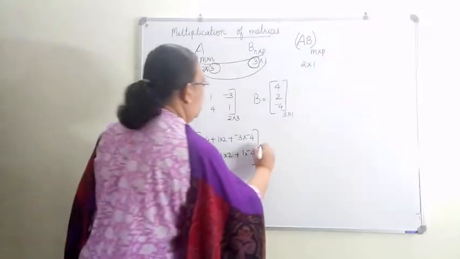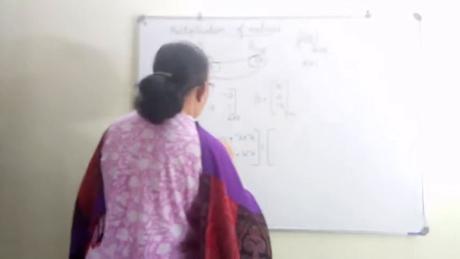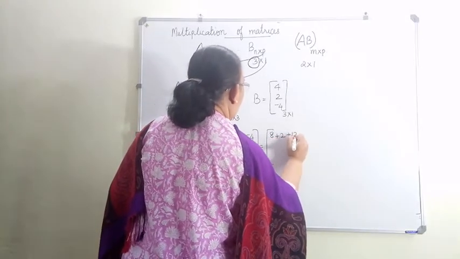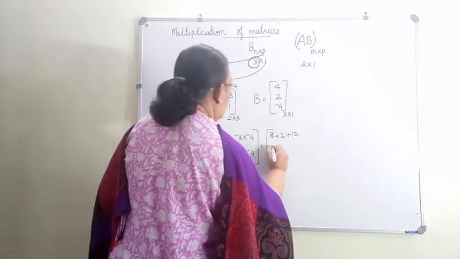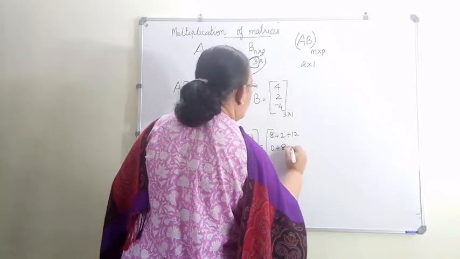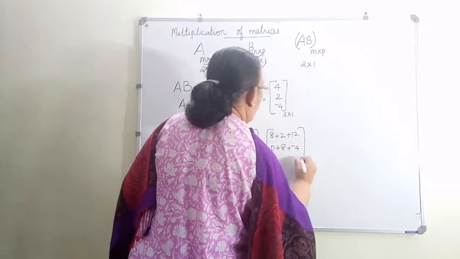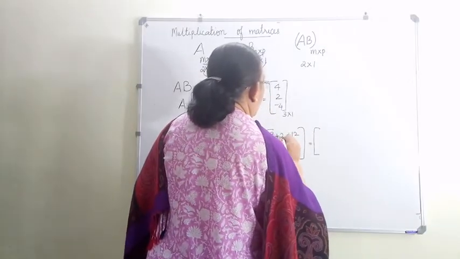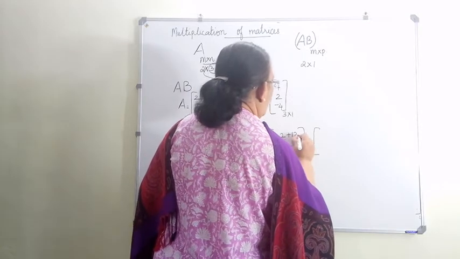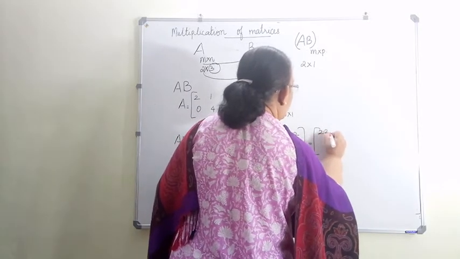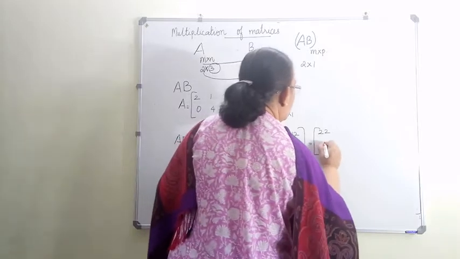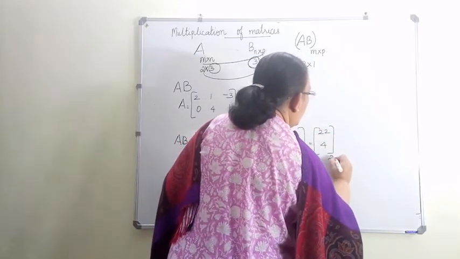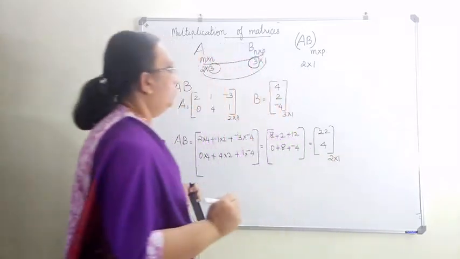It is equal to the matrix 2 into 4, 8 plus 2 plus 12, and 0 plus 8 plus negative 4. That is equal to the matrix: 8 plus 2, 10; 10 plus 12, 22; and 8 plus minus 4 is equal to 4. It has 2 rows and 1 column.